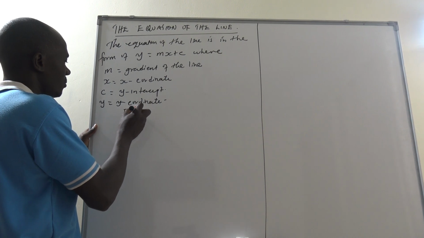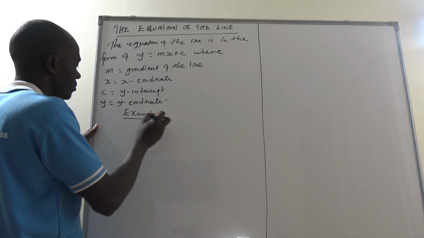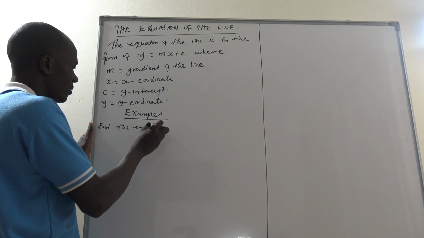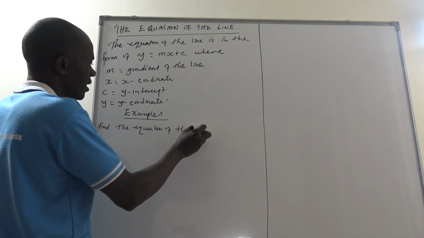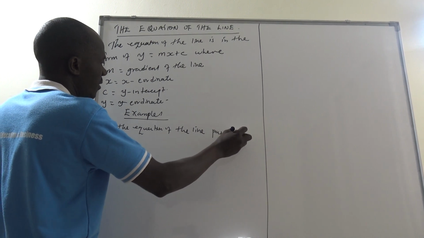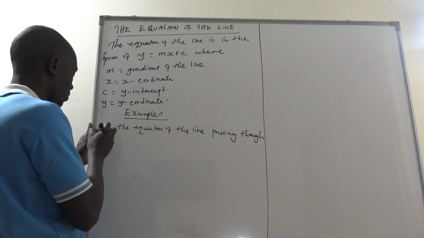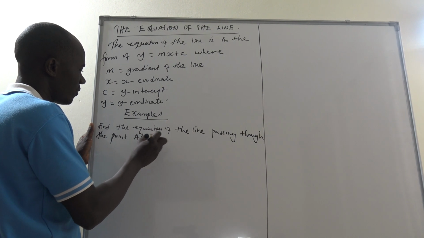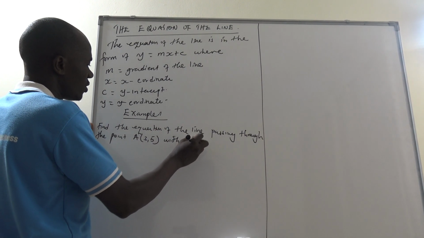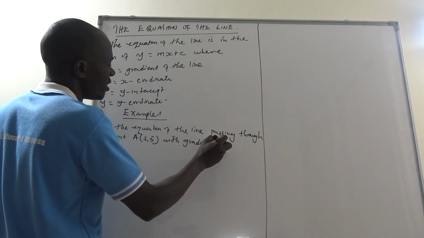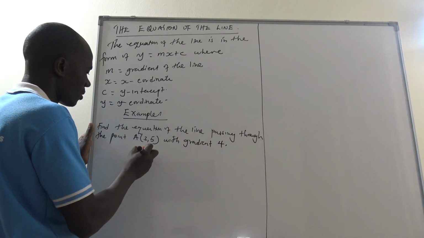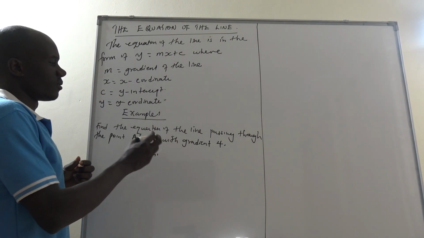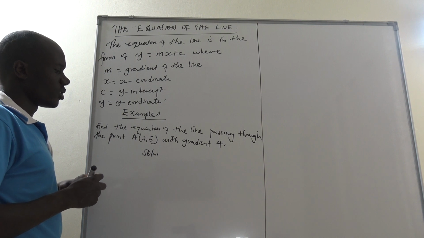I can start with example 1. Find the equation of the line passing through the point A(3, 5) with gradient 4. Solution. We have been asked to find the equation of the line passing through the point A(3, 5) with gradient 4.